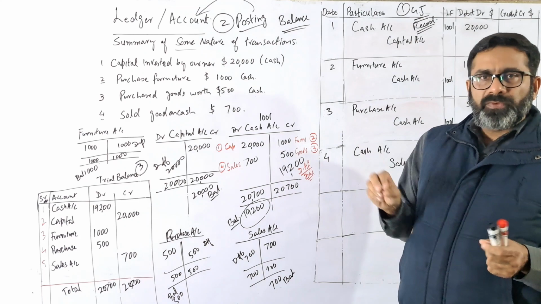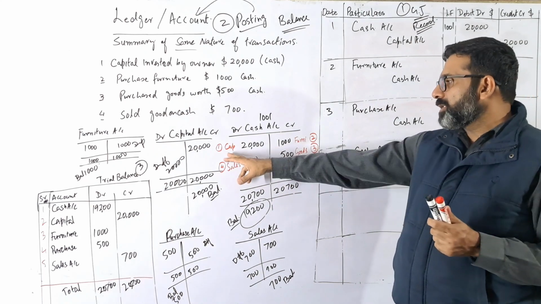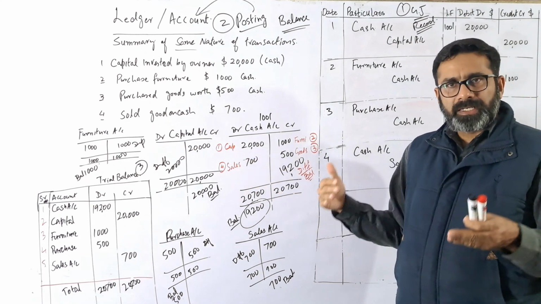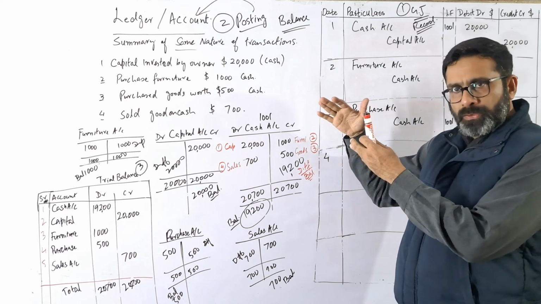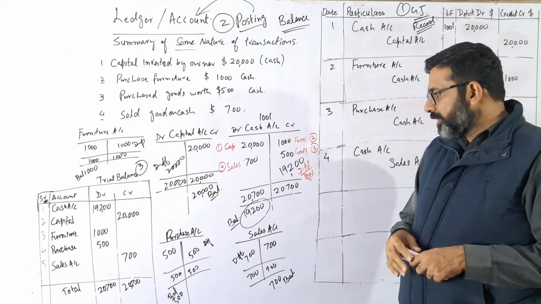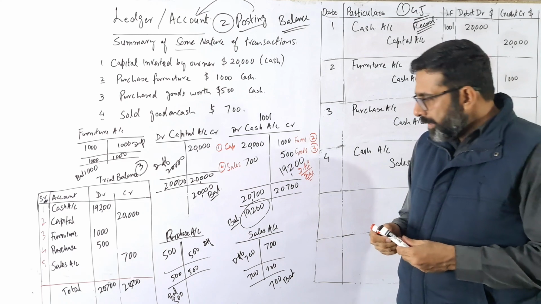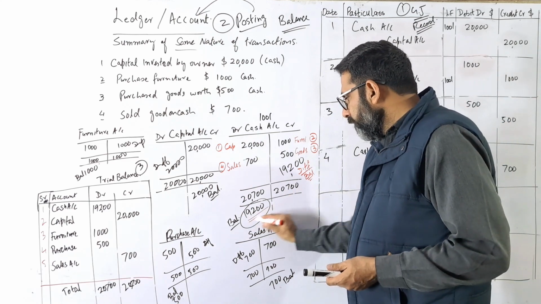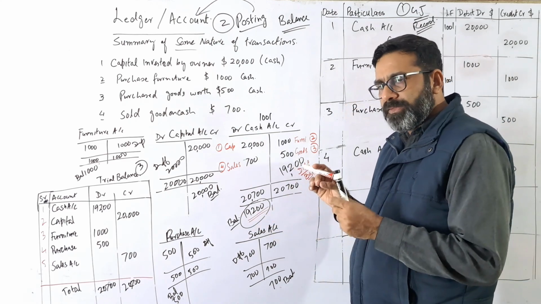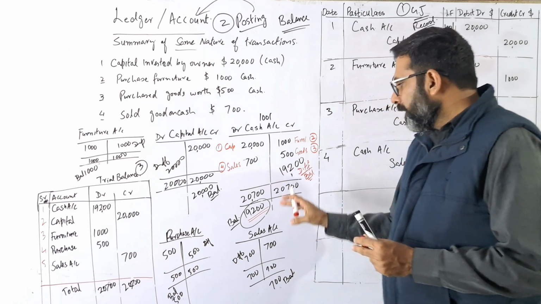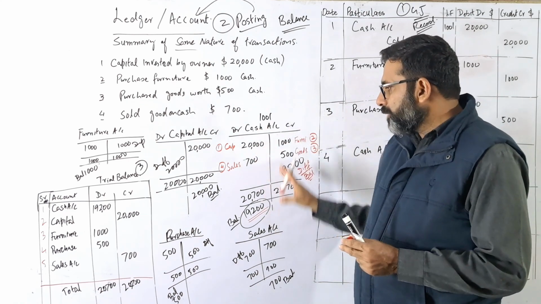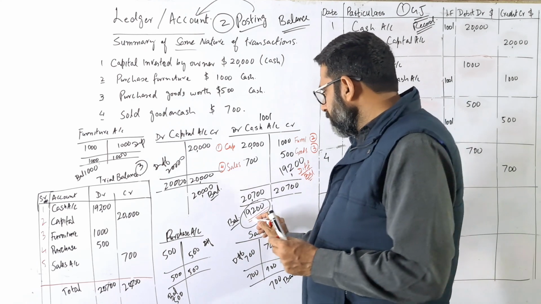Then we can even write the date on the first, second, third and fourth, what the transactions are. So in chronological order, all the transaction dates will be written, and then we will write the final balance. The balance at the end of the month or at the end of the period is a 19,200 cash balance, and that cash balance is written where?